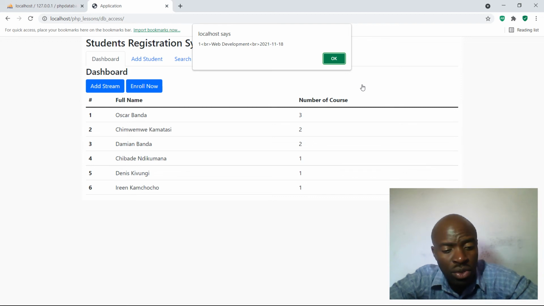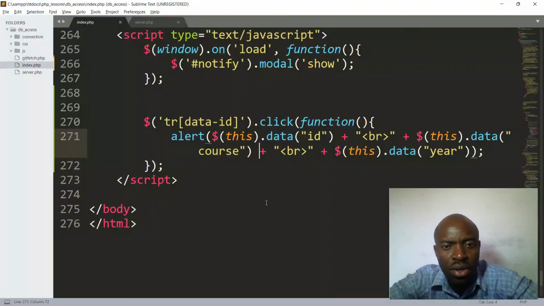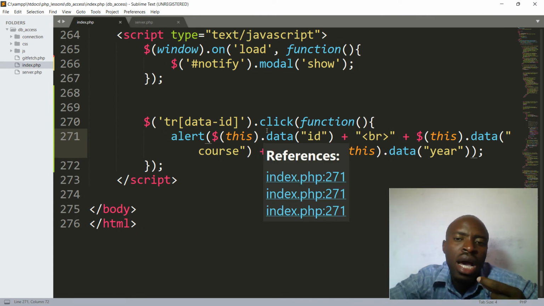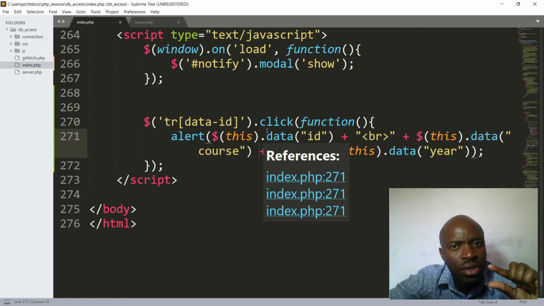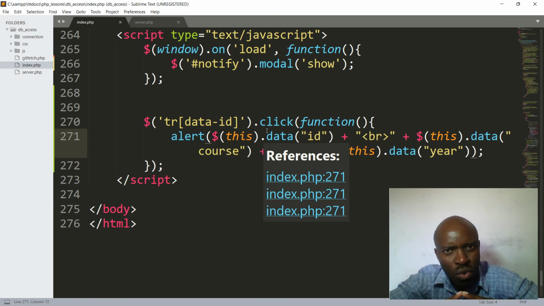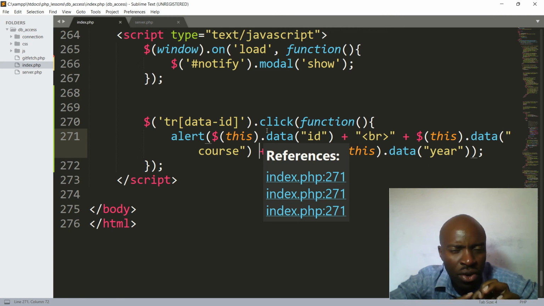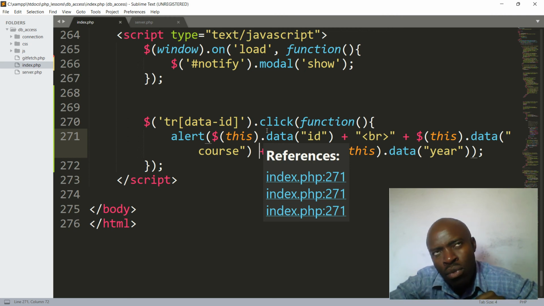It's not showing them because we need to go back to the database with the ID to ask for information about this particular person, in the context of the 2 tables, the table for enrollment and the table for course stream.